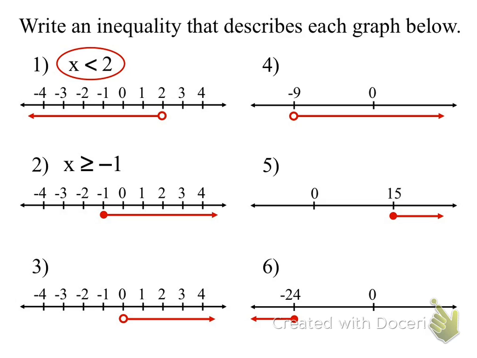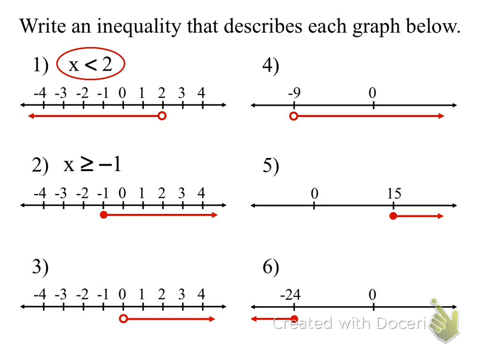Okay. Why don't you guys do 2 through 6? Go. All right, so number 3. What is the inequality, please? Somebody I haven't heard from. Tati. X is less than 0.